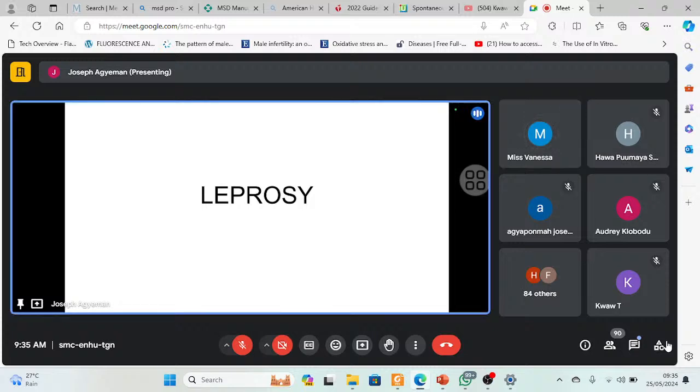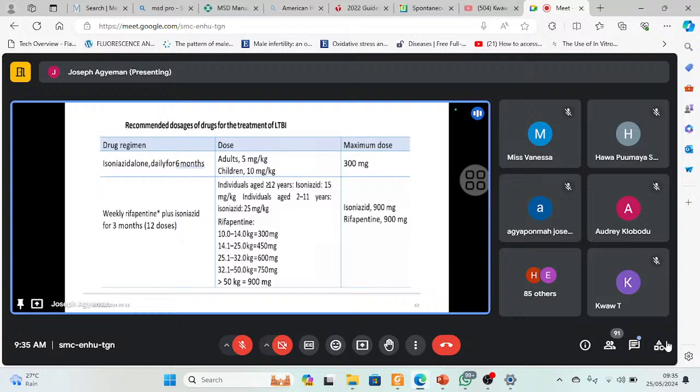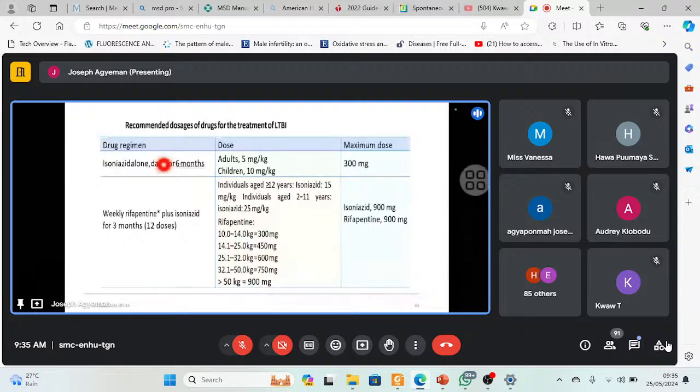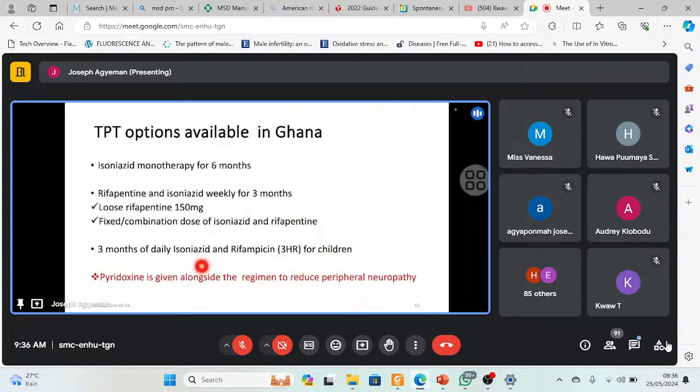Not that, but for efficacy nowadays it is combination. If it happens that, due to one or two reasons, the combination therapy cannot be done, let's say the person can't take rifampicin, of course you'll be restricted to isoniazid alone. But all things being equal, it is now recommended that you do the combination therapy.